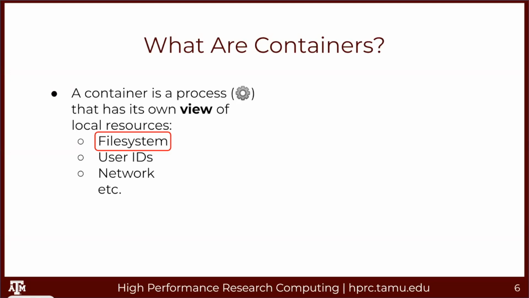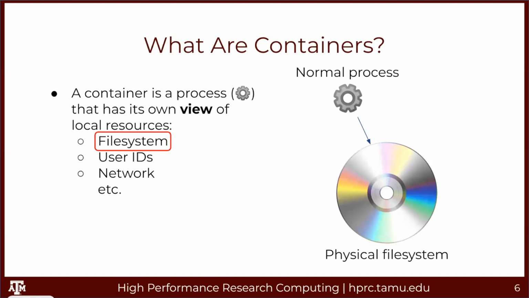Containers can modify your view of other resources, but we don't have time to learn everything today, so we're focusing on the big one. So a normal process, represented by this gear, would see the physical file system represented by this disk, and it would be able to read the files that are on that file system.